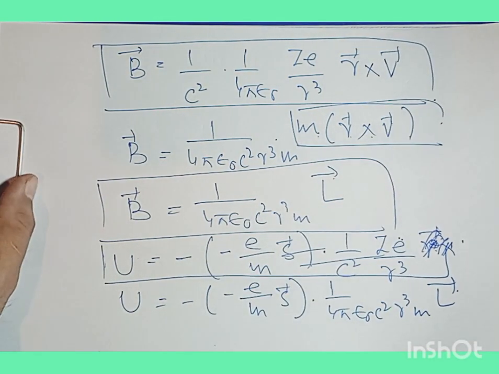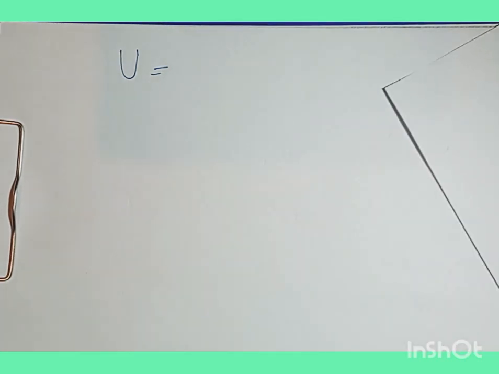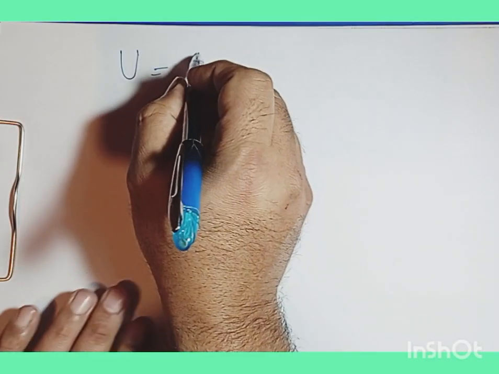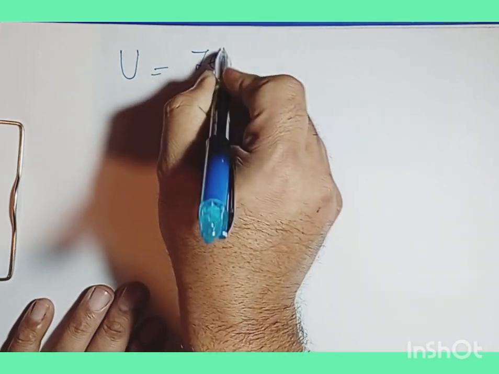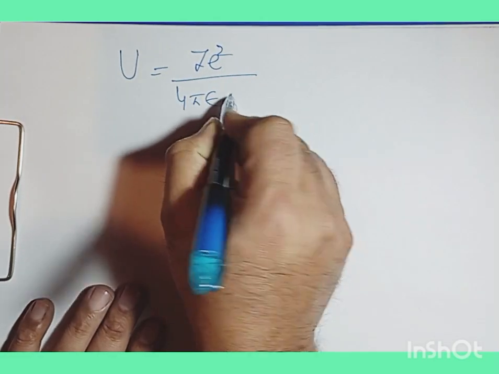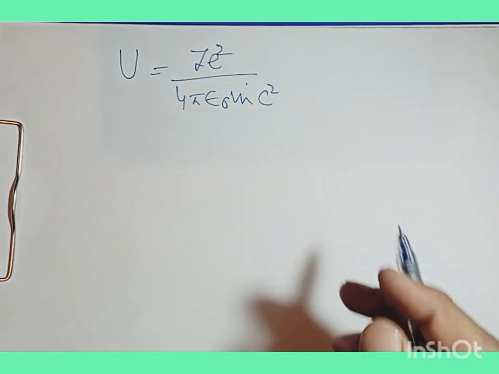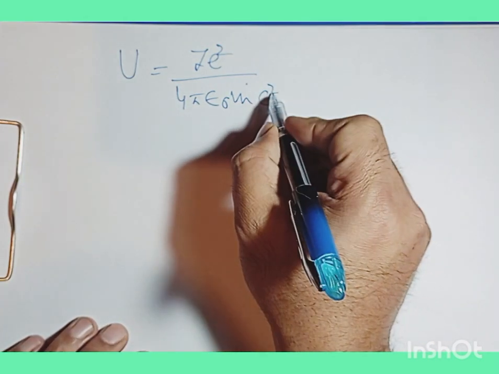The minus and minus give me plus, and what I'll get is Z e square by 4 pi epsilon naught m c square.